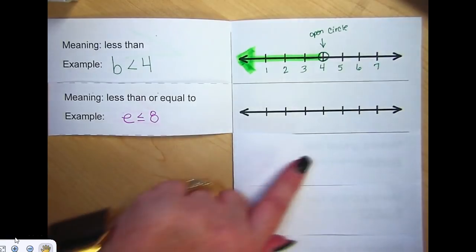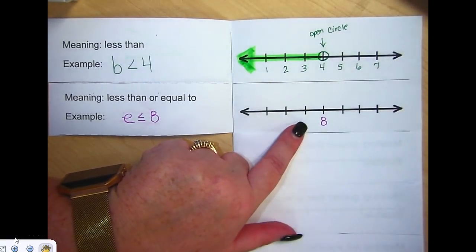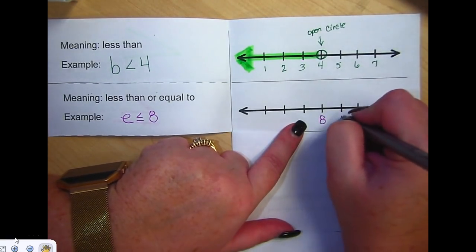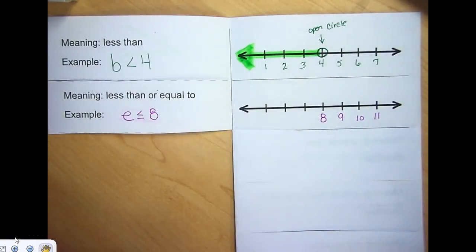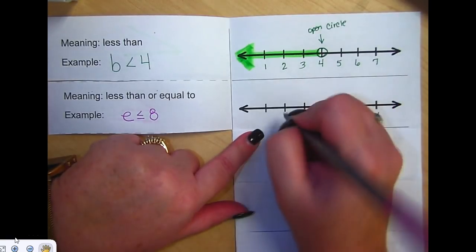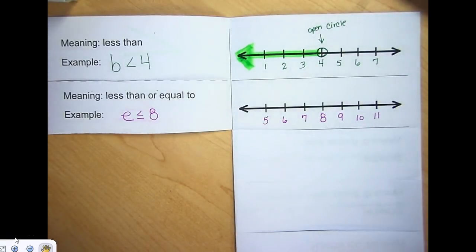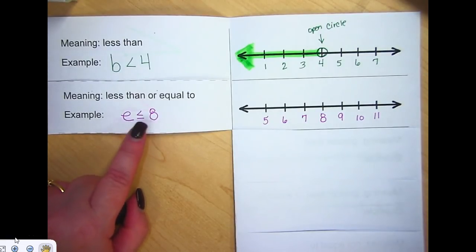So in our open number line in the center, put the number 8. To the right, the number's bigger, so 9, 10, 11. And to the left, smaller, 7, 6, 5. So E can be any number less than or equal to 8.